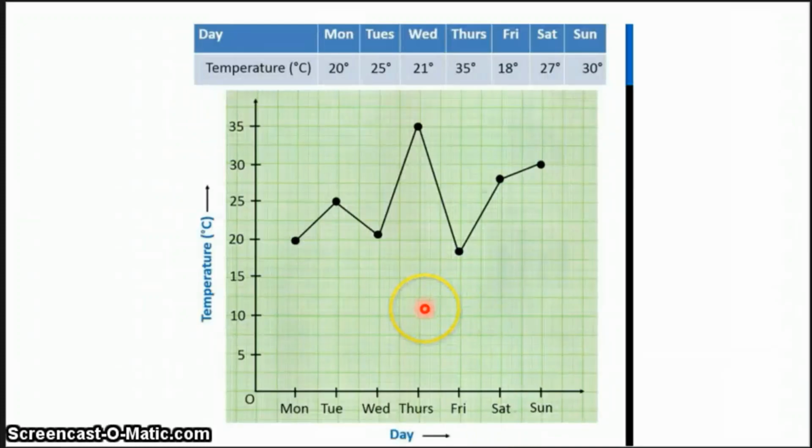Now the third type of graph is line chart or line graph, and this displays continuous data over a period of time. Like this graph is showing the temperature changes over a week. On day 1, that is Monday, the temperature was this one, Tuesday this one, Wednesday this one.